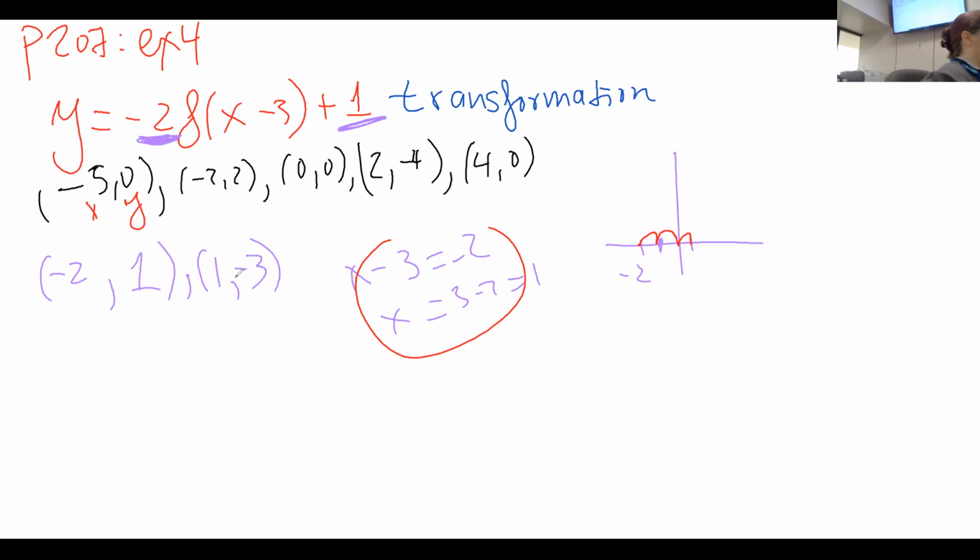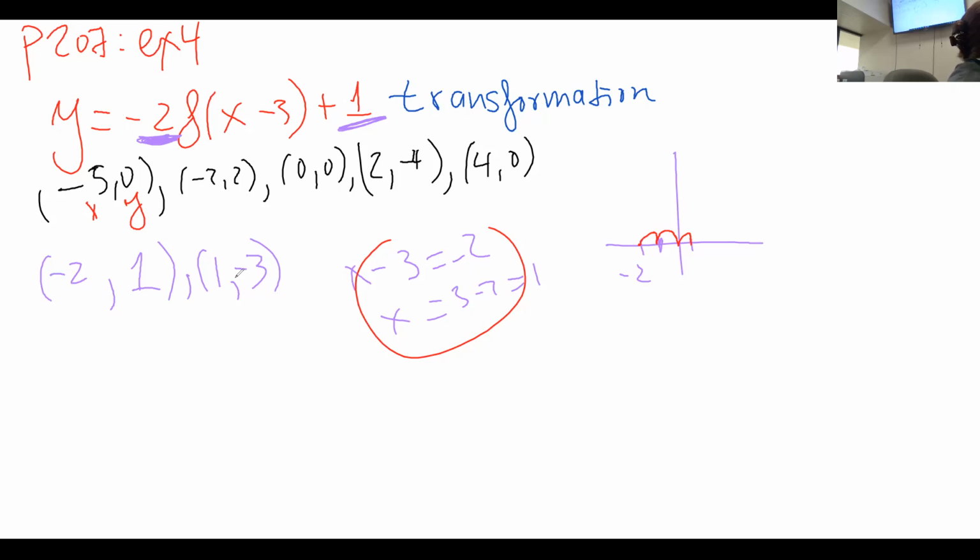Okay, so now let's make it easy. Now we know what's happening. Let's look at the next point. 0, 0. So x is 0. So what's going to happen to x? So it's moving to the right, 3 units.